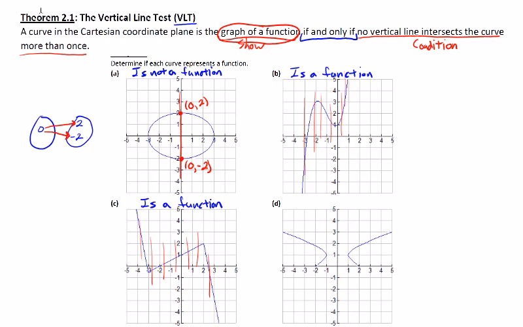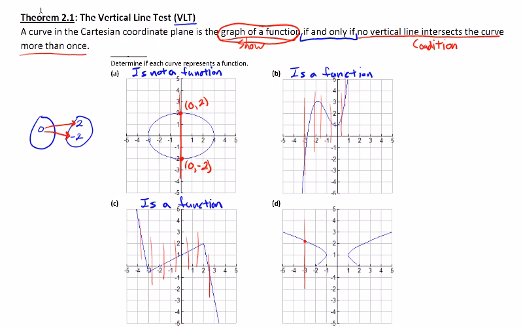But part D may be a little more challenging. If I look at part D, I might draw a vertical line right here where x is negative 3, and I can see that my curve crosses once. And if I only draw one vertical line, then I may falsely believe that this is a function because it only crosses once there.